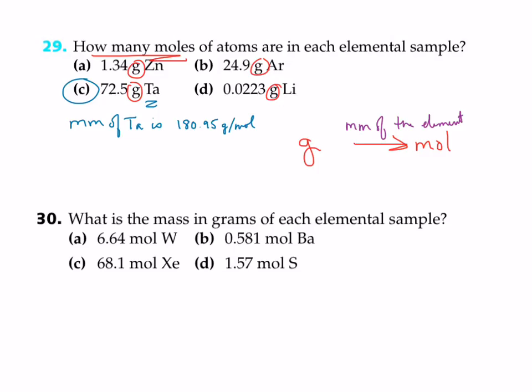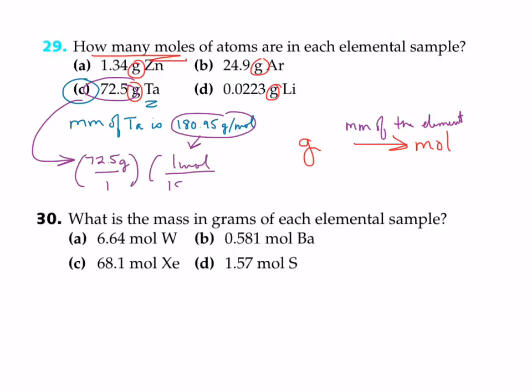The element tantalum, the molar mass is 180.95 grams per mole. So just to kind of remember how that goes, your first term is going to be the mass you want to convert, 72.5 grams TA over 1. And the second term is going to be from what you got off the periodic table, grams per mole. You want grams to cancel, and you want to be left with moles. So that's what I call the flipped version of the molar mass. And that'll get you there.